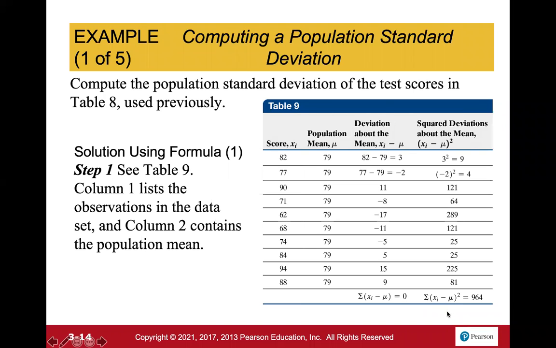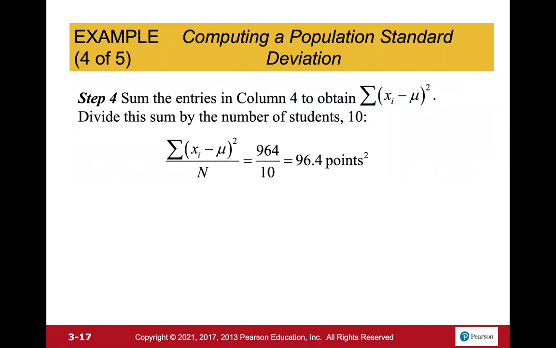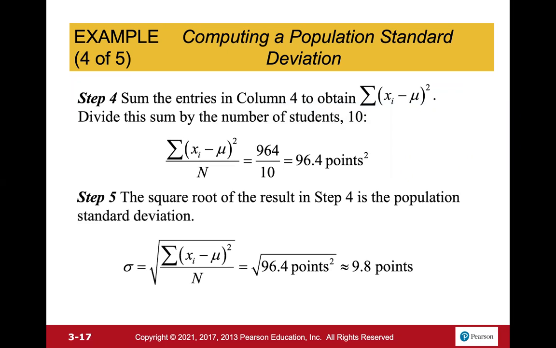So the sum of all of these values ended up being 964. And after that, they just divided it by 10, and that gave us our variance, which they didn't talk about here. The next thing we did was take the square root, and it gave us our standard deviation. So we got the standard deviation of that data set.